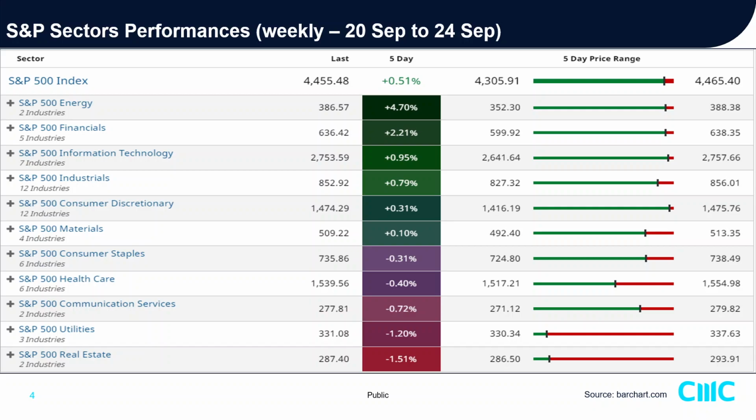It has really started to manifest itself on the S&P 500 energy sector by making it the top performer last week. What is still underperforming is real estate, utilities, communication services, as well as the healthcare sector.